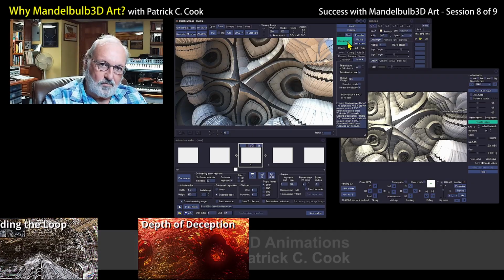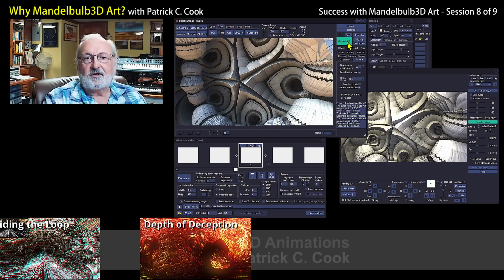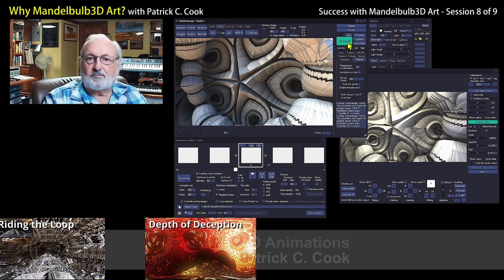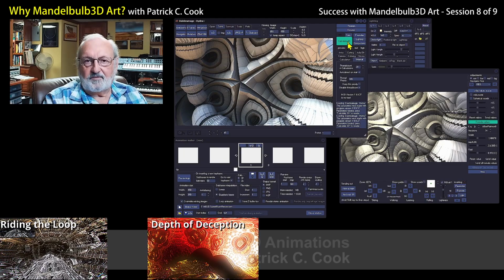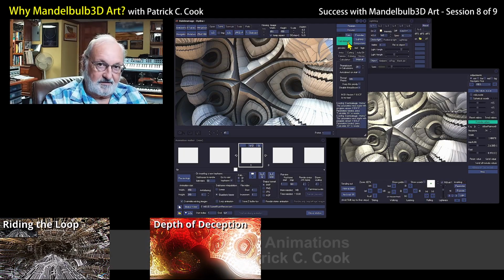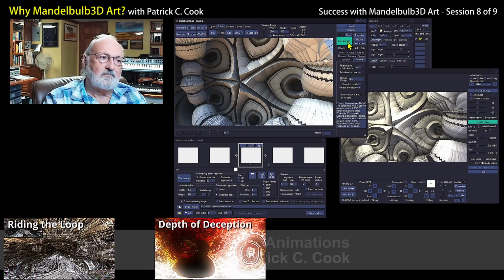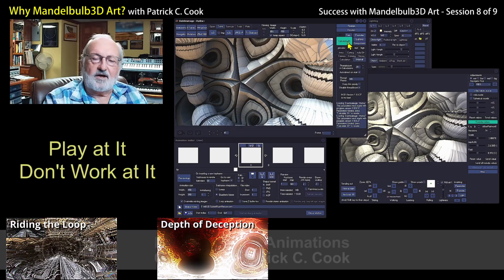You don't have to worry about running out of graphic possibilities. So, tip number 2 is reject often. Keep looking for the gems. They're there. Now, tip number 3, play at it, don't work at it.